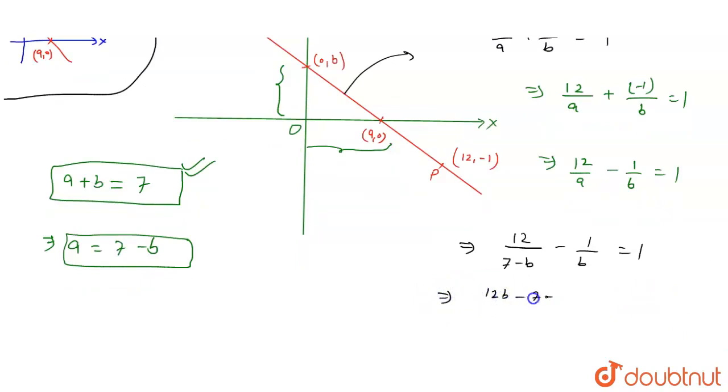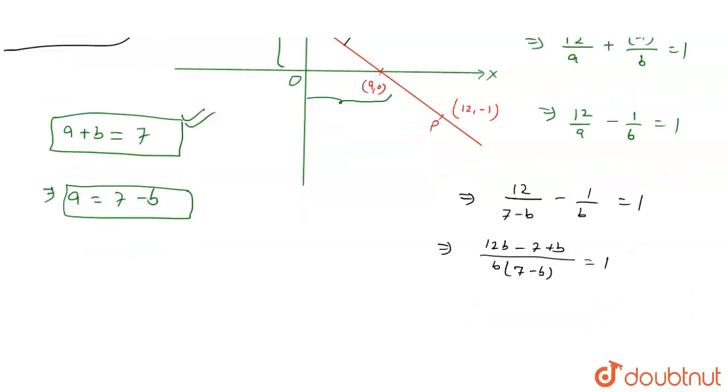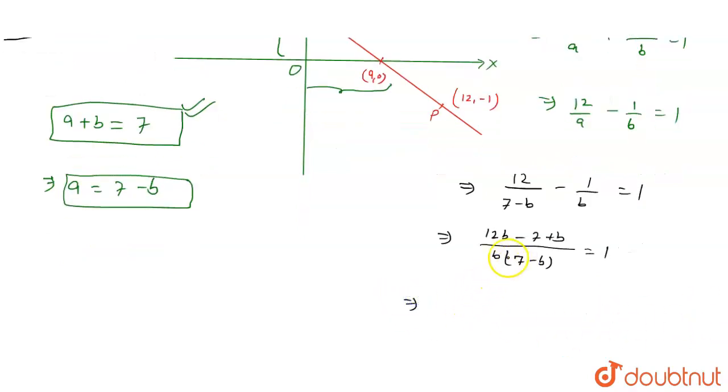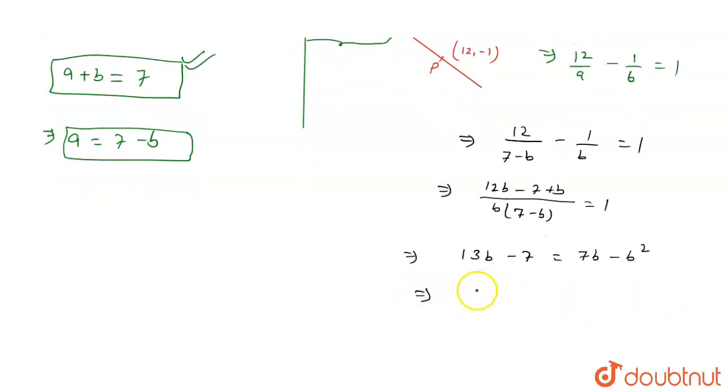this will be (12b minus 7 plus b) upon b into (7 minus b) equals 1, right? Or you can say this will be 12 plus 1, 13b minus 7 will be 7b minus b square, right? And this will become b square plus 13b minus 7b, that is 6b minus 7, is equal to 0, right?